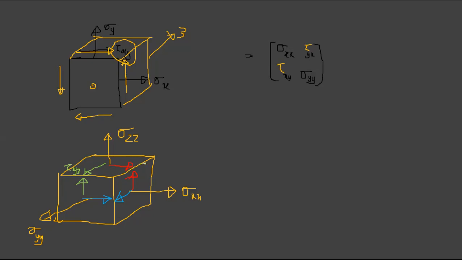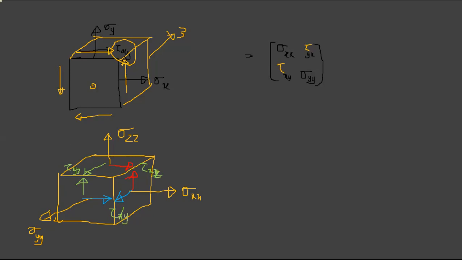So this is tau xy. Sorry, this is tau xz, tau xy. Right?